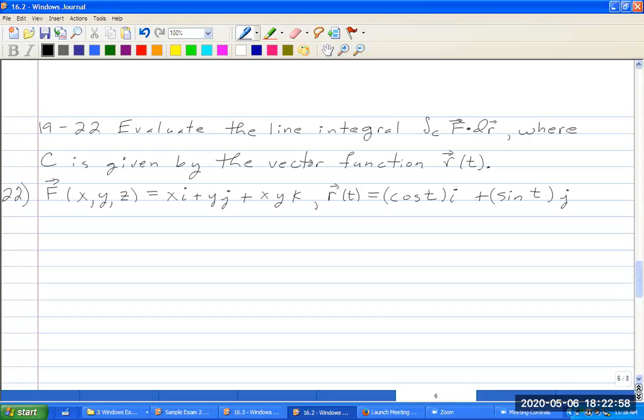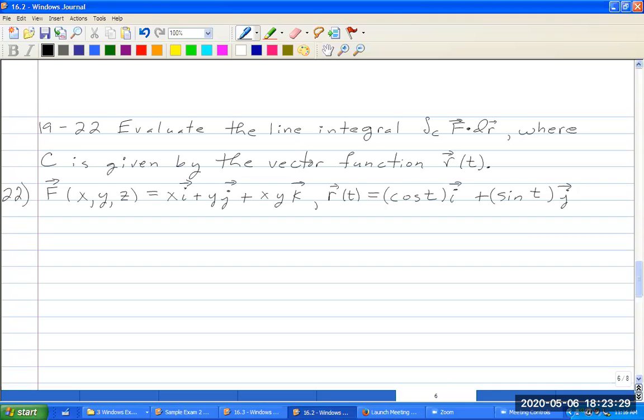F is equal to x times the vector i plus y times the vector j plus xy times the vector k. R is equal to cosine t times the vector i plus sine t times the vector j.